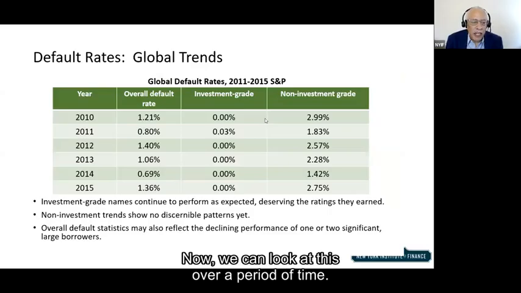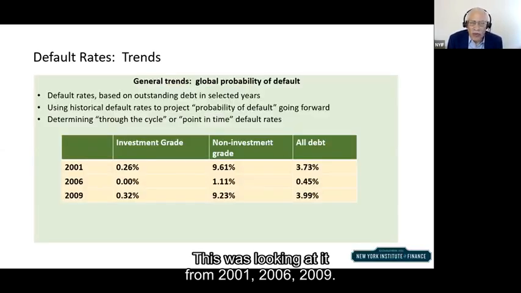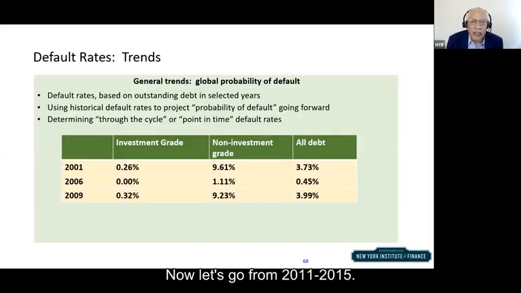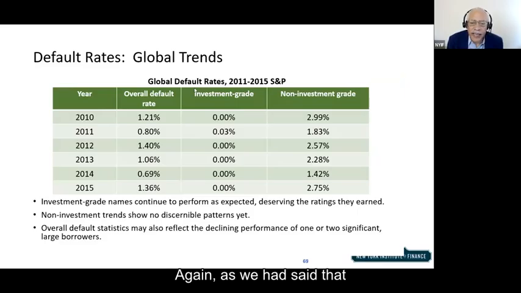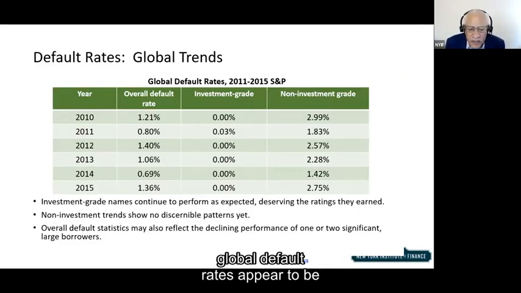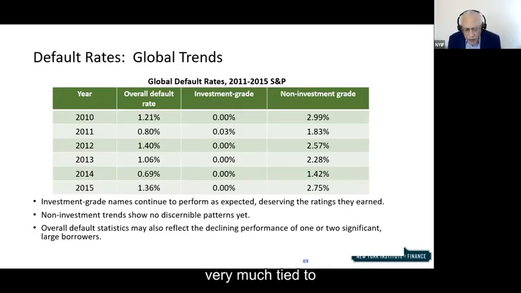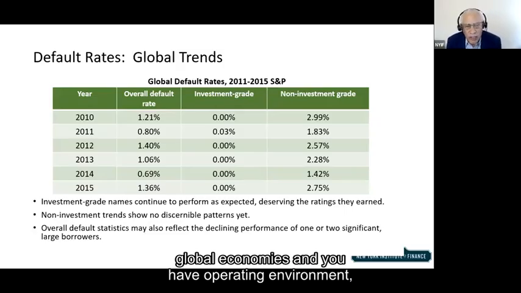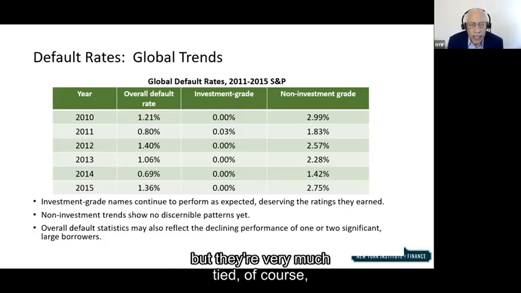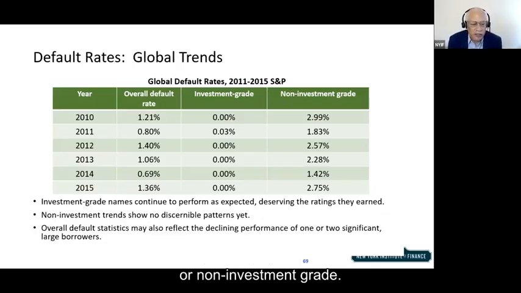Now, we can look at this over a period of time. This was looking at 2001, 2006, 2009. Now let's go from 2011 to 2015. And again, as we had said, global default rates appear to be very much tied to global economies and the operating environment, but they're also very much tied, as we would expect and the data shows, to whether it's investment grade or non-investment grade.